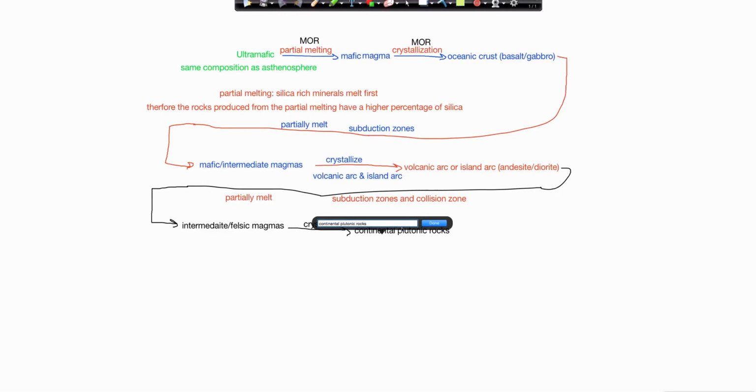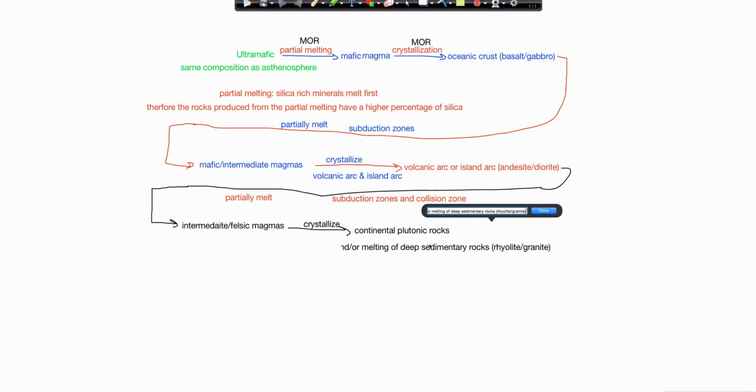So these are going to be intrusive rocks in continental crust and/or melting of deep sedimentary rocks. These are going to be rhyolite and granite, because those are your felsic igneous rocks. And this is the process that occurred to get from ultramafic to granitic. And then the granitic built up the continents.